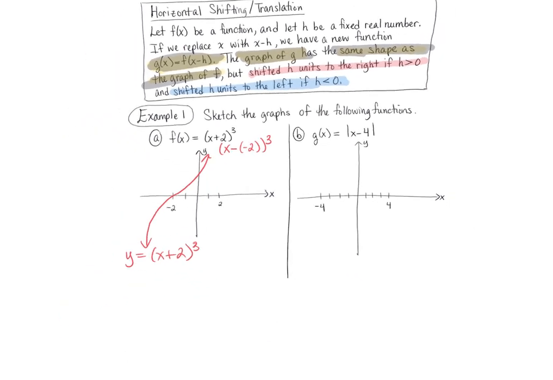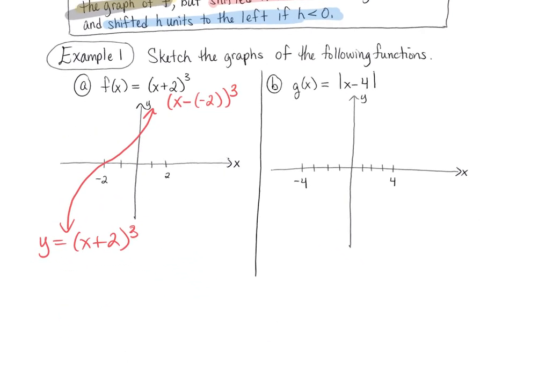So when you set x equal to 0, that gives us y equals 0 plus 2 cubed, which means y is 2 cubed, or y is what? 8. So that means this point here is (0, 8). Okay? So that's how we made our graph more accurate.